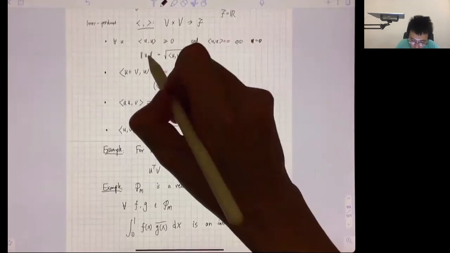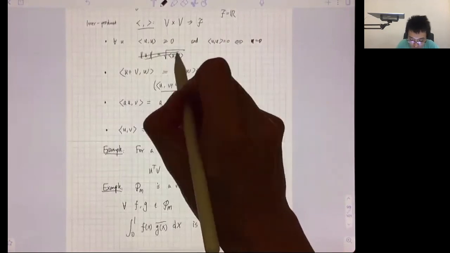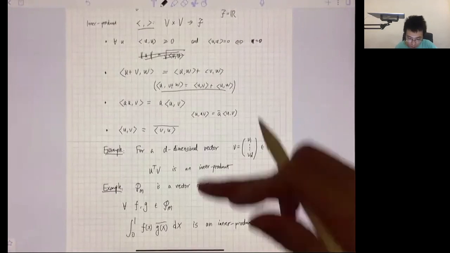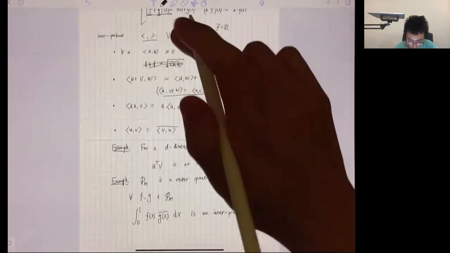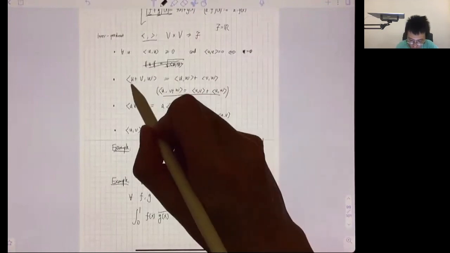So this is not a constraint. It's the definition of the inner product induced norm, but you can verify all the other things. Let's just talk about, for example, this.